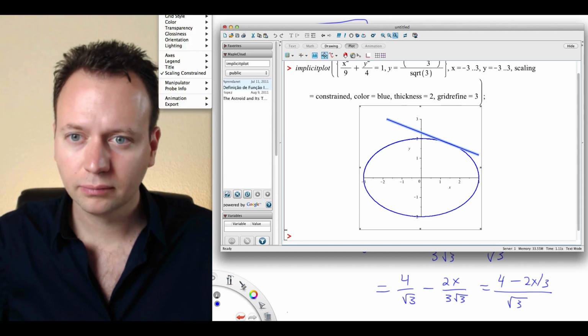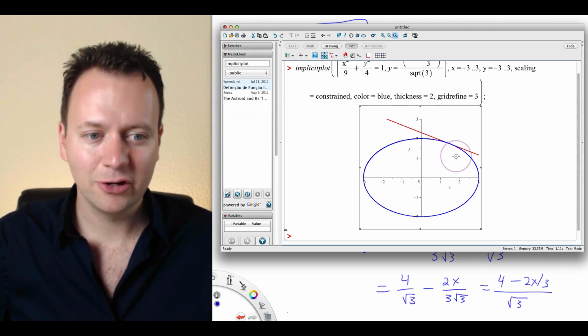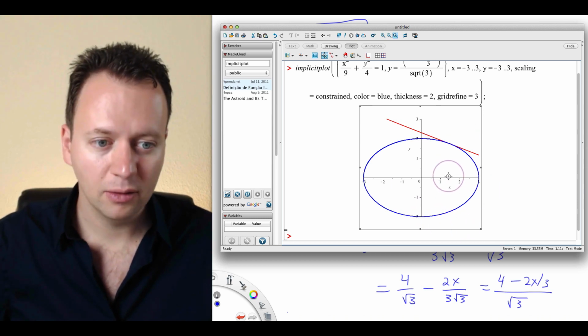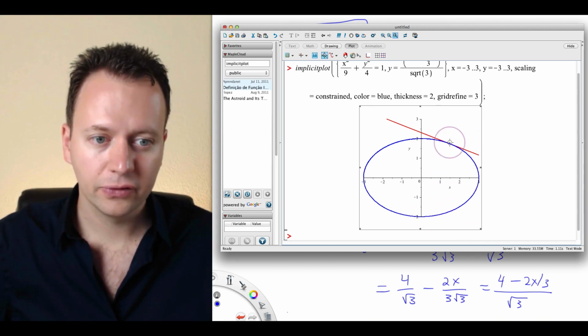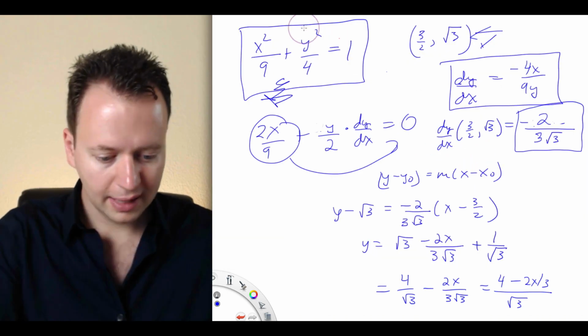So this is indeed the tangent line to the ellipse at the point 1.5, square root of 3. So pretty cool little trick. So our next task is to take a look at the following function, implicit equation.